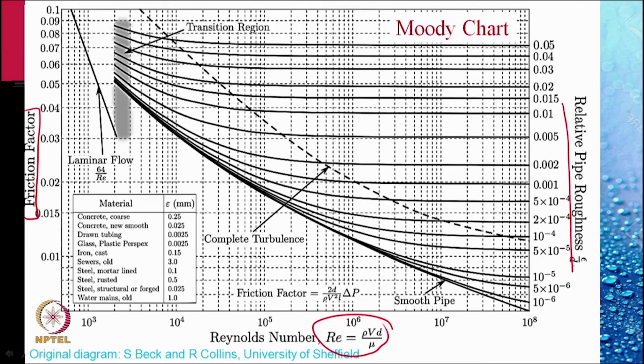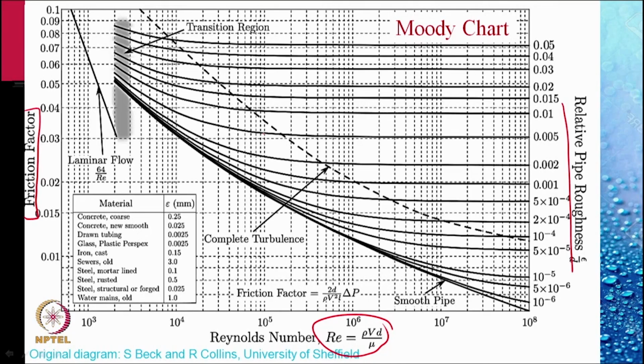Thus, given a Reynolds number and given a roughness parameter epsilon by D, we can locate a point on this chart and read from the left-hand scale the effective friction factor.